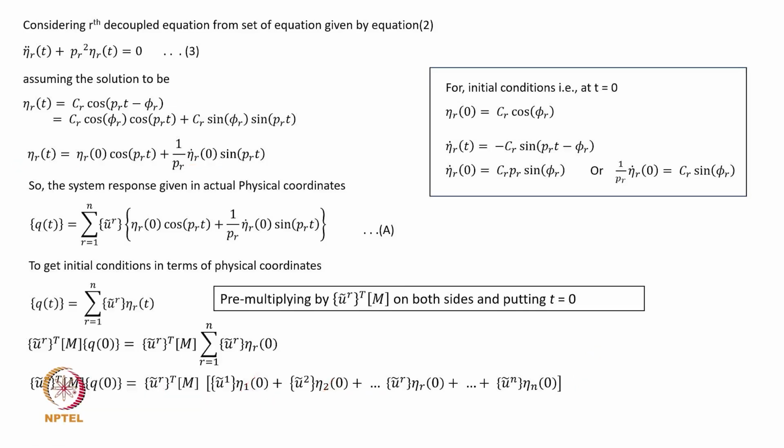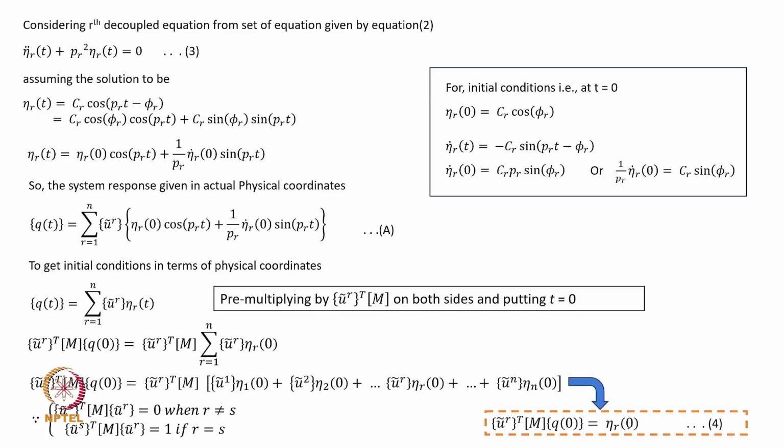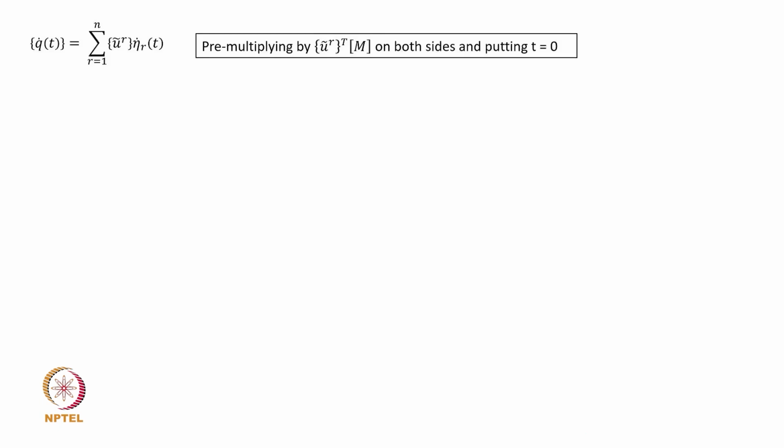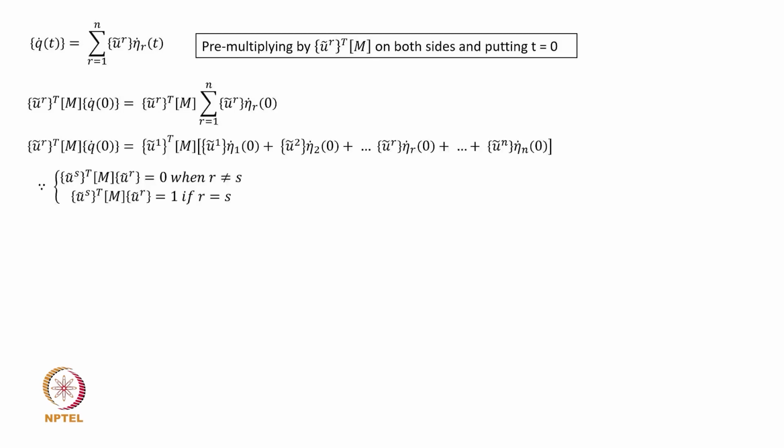So, once we get this, this is the reason why we get that result, that eta r naught is going to be given by this. Now, on similar lines, if we take the time derivative of q(t) equal to summation of ur into eta r, you get this equation, and then the initial conditions for the velocity can be expressed on similar lines using this expression.